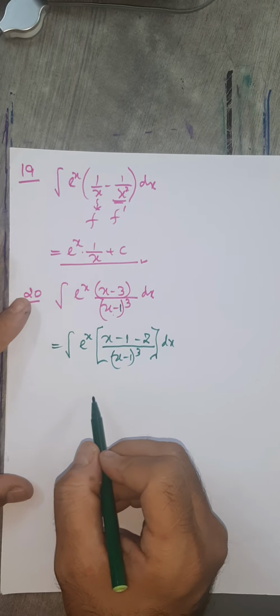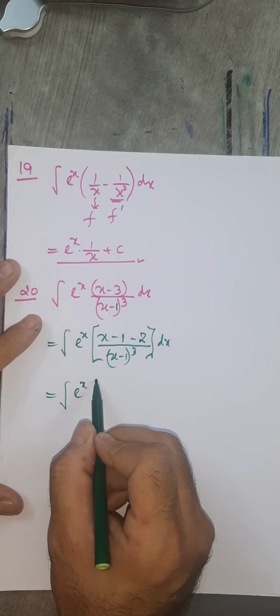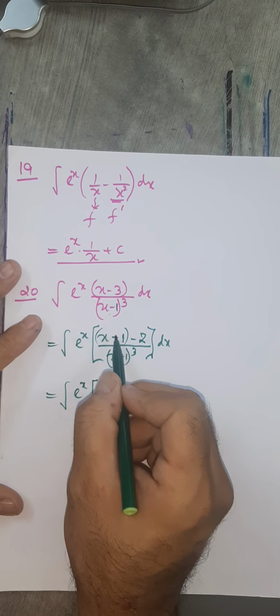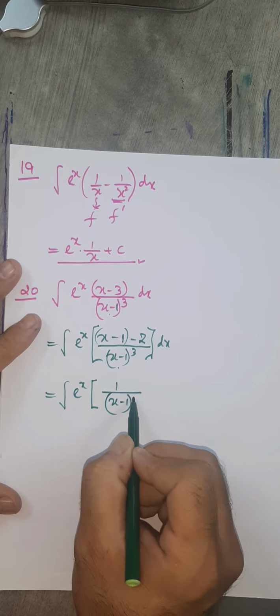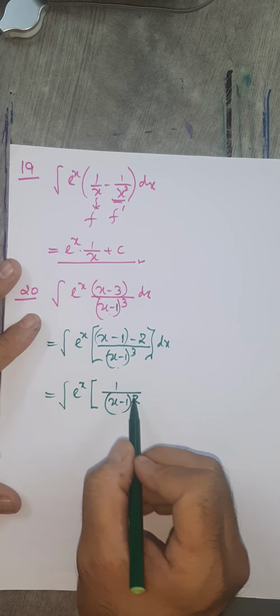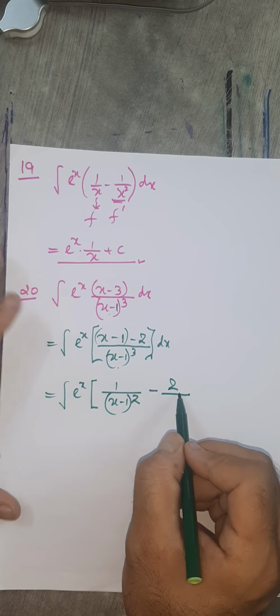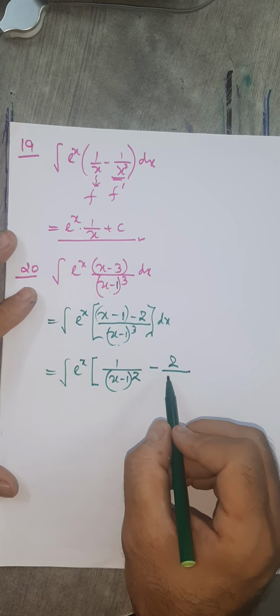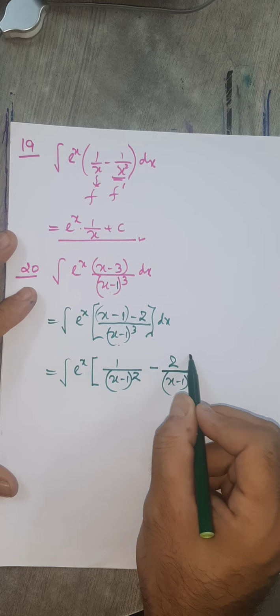Now you must have realized. Okay, so this is e raised to x, individual division. This upon this, so you're left with 1 upon (x minus 1) the whole square. This upon this, so one factor will go away, minus 2 upon (x minus 1) the whole cube.